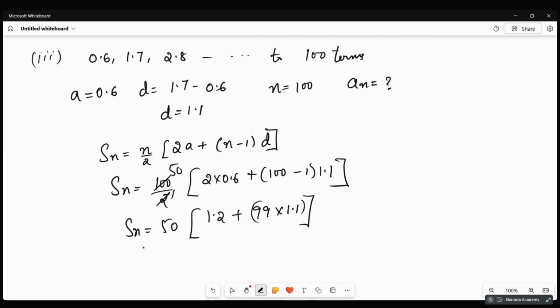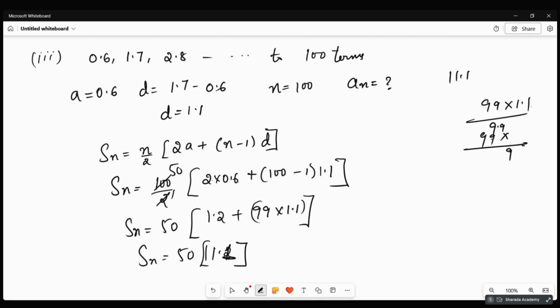So multiply first, then add. 99 into 1.1 is 108.9.